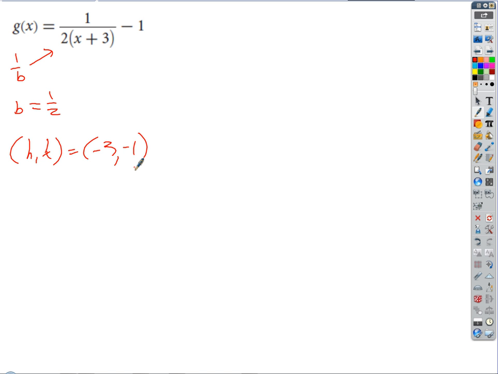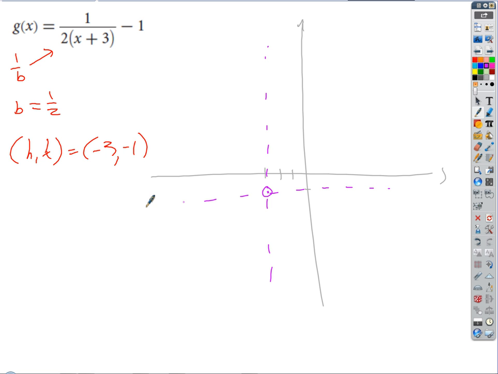Okay, so to graph this thing, what are we doing this time? We're going to start off with the intersection point at (h, k), at (-3, -1), right? And that's where the vertical asymptote and the horizontal asymptote intersect.